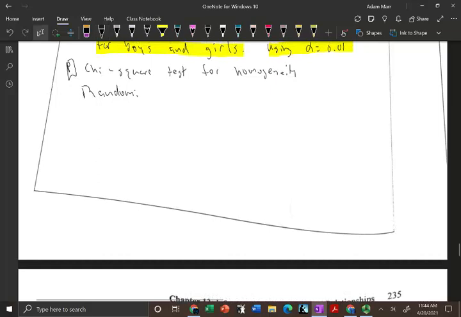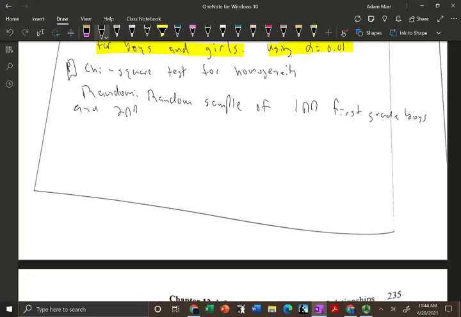So I'll go ahead and write that down: random sample of 100 first grade boys and 200 first grade girls.